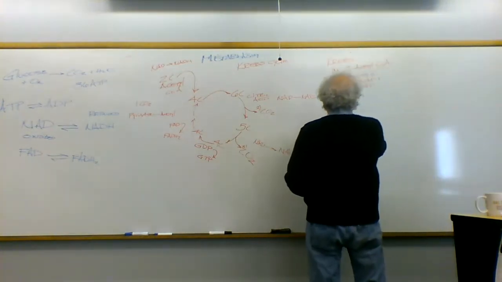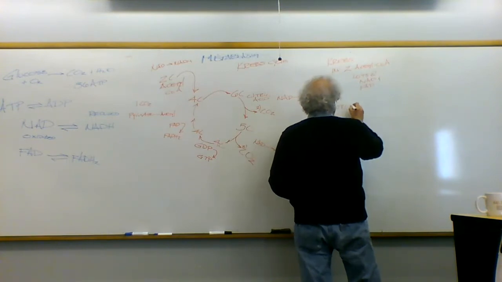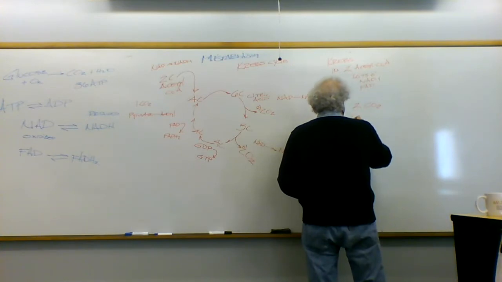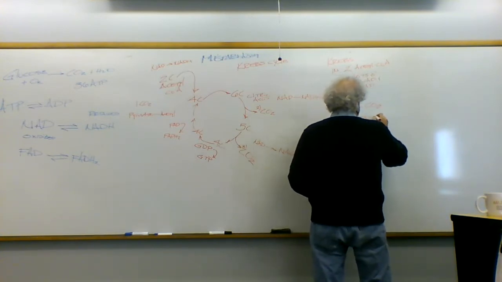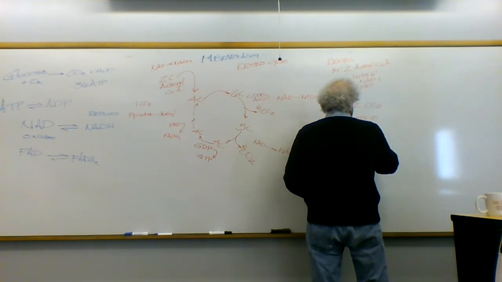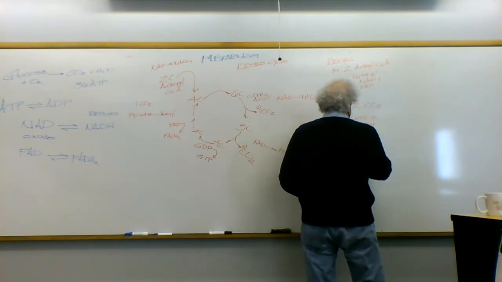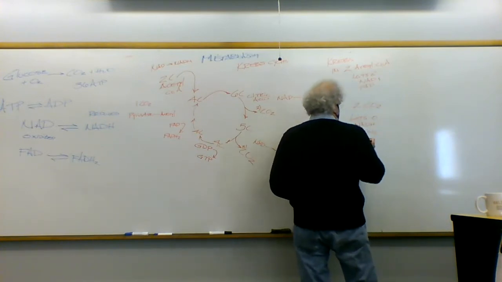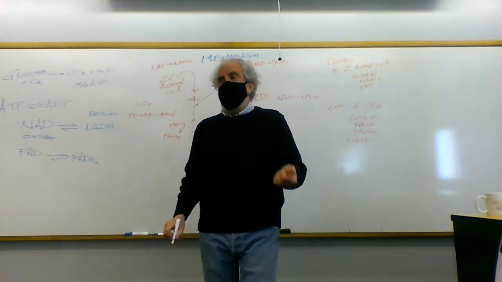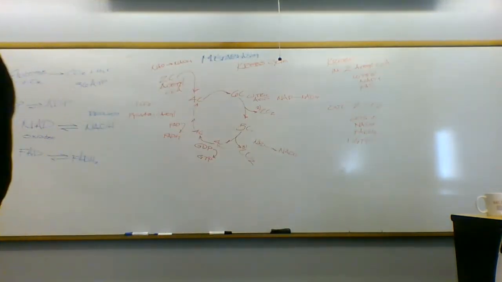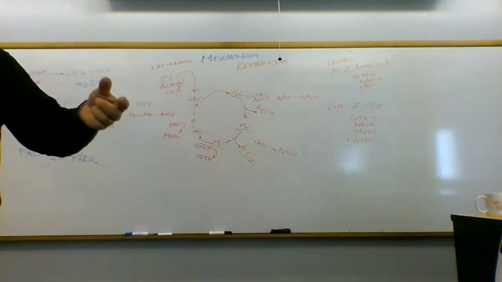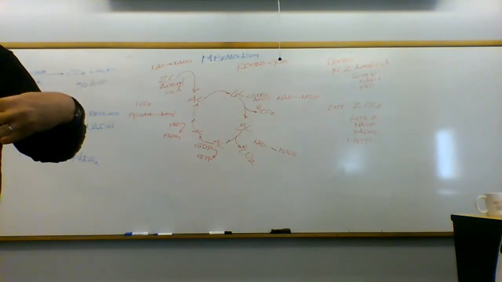And what comes out is going to be 2 carbon dioxides and lots of NADH and FADH2 and 1 nucleotide triphosphate, a GTP. We're going to throw that into the tote board as an ATP because that's just how we do. Now, this reaction per glucose happened twice.